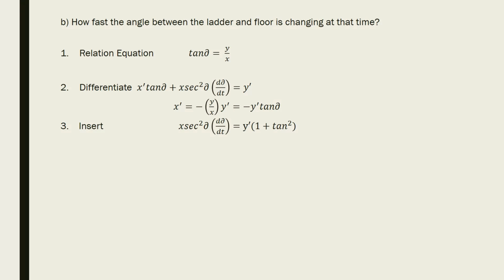Since secant squared equals 1 plus tangent squared theta, the final equation is x times d theta over dt equals y prime. So our answer for the rate of the changing angle is y prime over x.